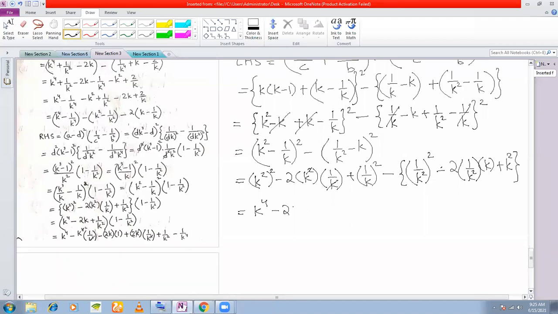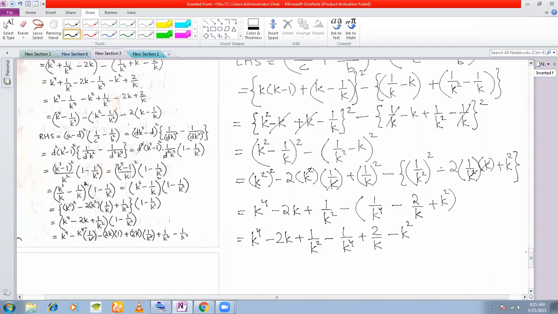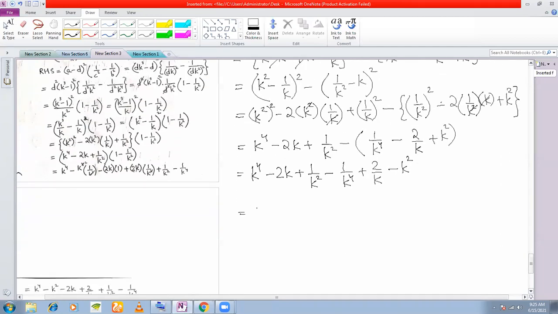So you get minus 2k plus 1 by k square. You're getting minus, and in brackets you have 1 by k to the power of 4 minus, from here 1k cancels in the numerator. So you simply get 2 by k plus k square. And therefore you have k to the power of 4 minus 2k plus 1 by k square. Open the brackets. Minus 1 by k to the power of 4 plus 2 by k minus k square.